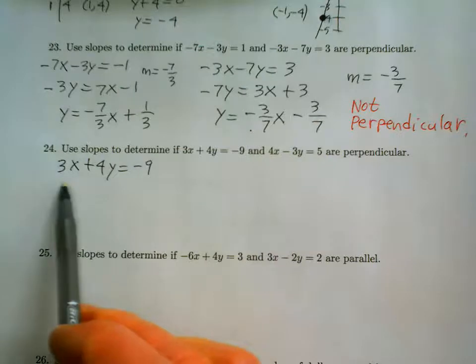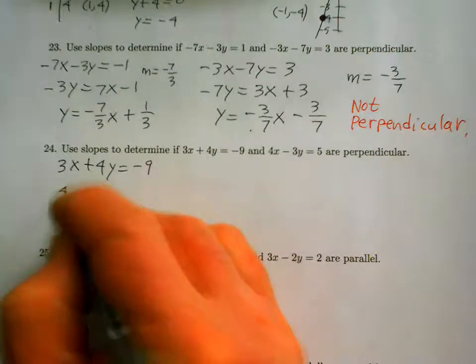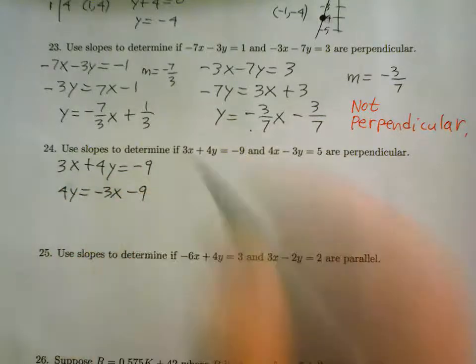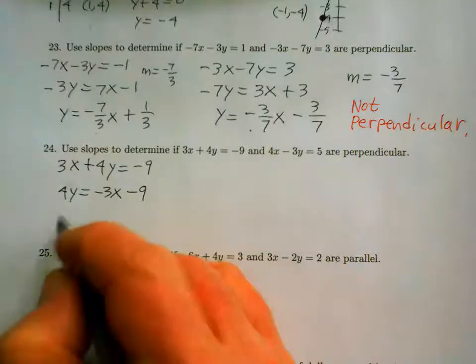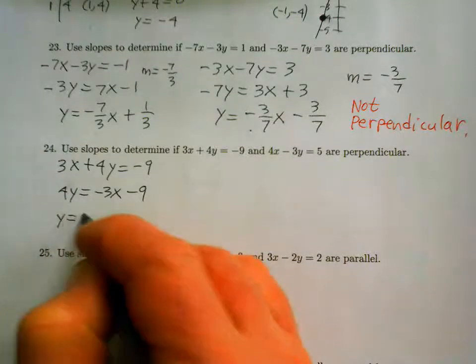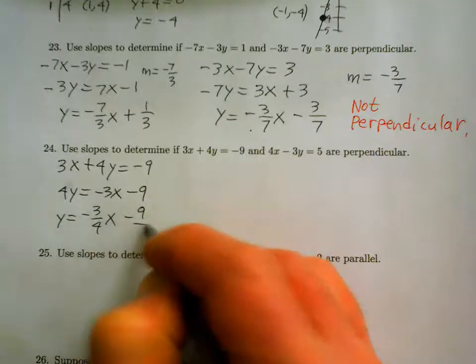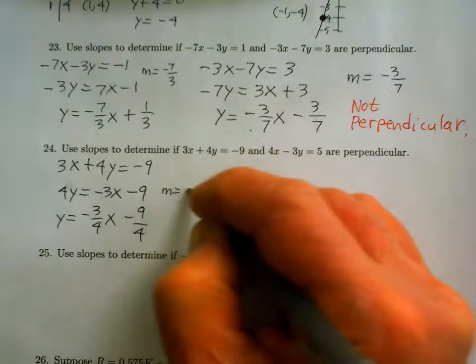In other words, solve for y. So subtract 3x from both sides. We get 4y equals negative 3x minus 9. Then divide every term on both sides by 4. We get y equals negative 3/4 times x minus 9/4. The slope of this line is negative 3/4.